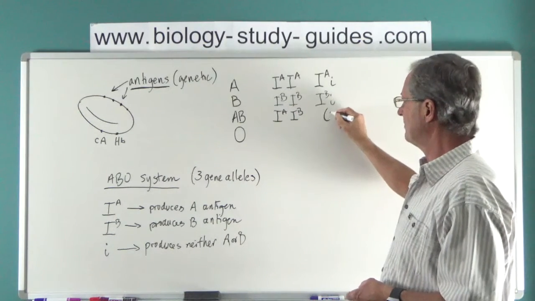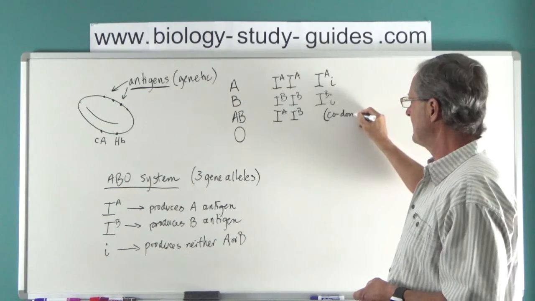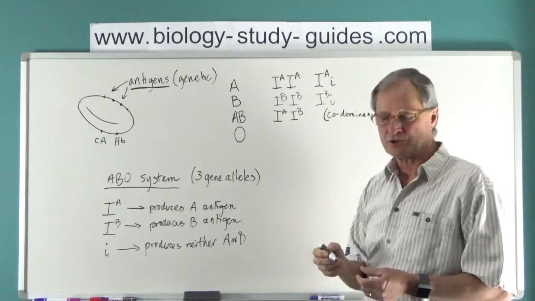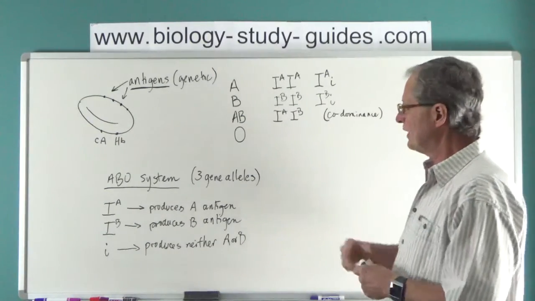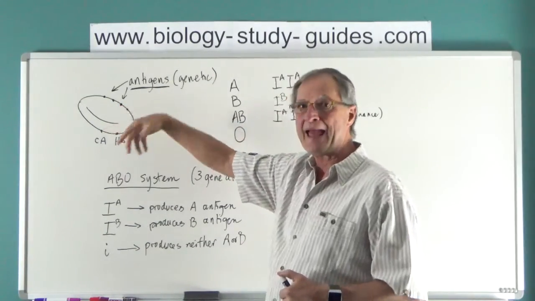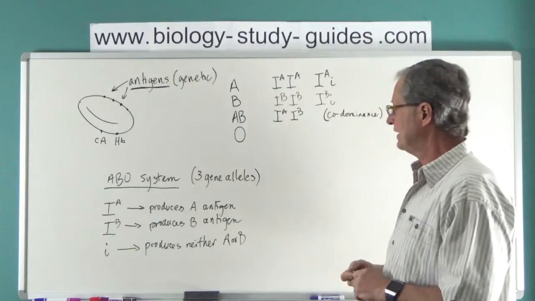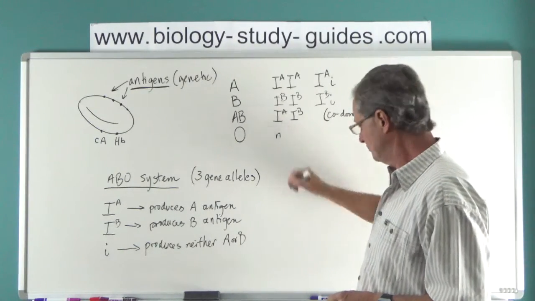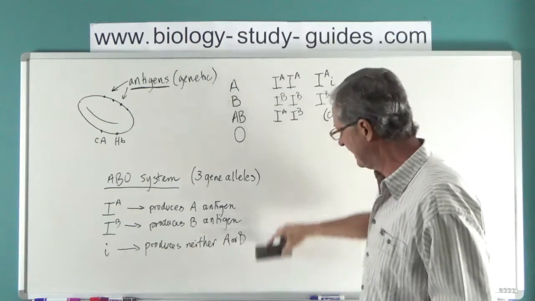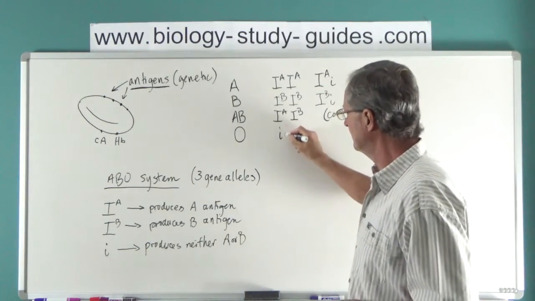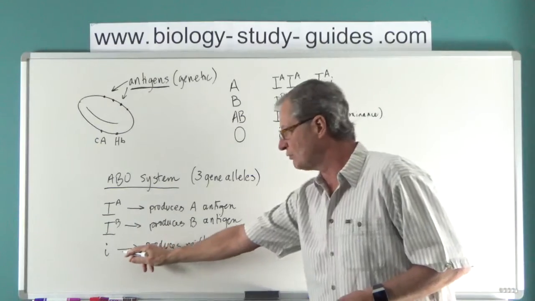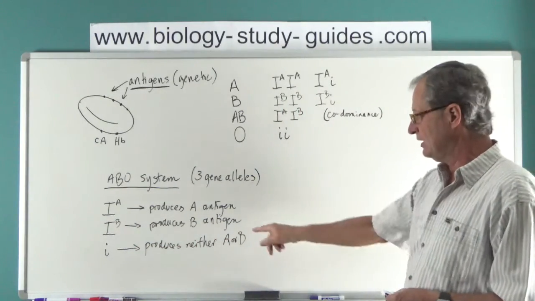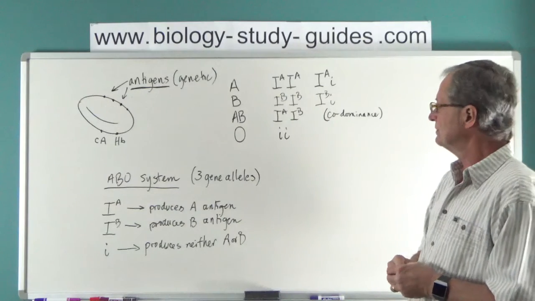This is an example of codominance, where both alleles produce their protein, so that person has antigen A and antigen B on their blood cells. And these people here would have neither. Oops, sorry, they have this genetic combination, homozygous recessive. They have neither antigen A nor B on their blood cells.